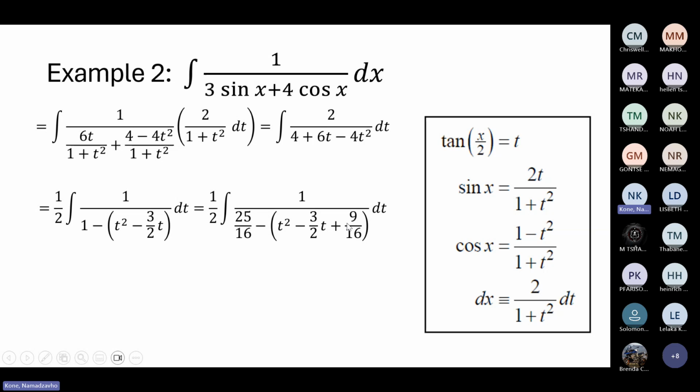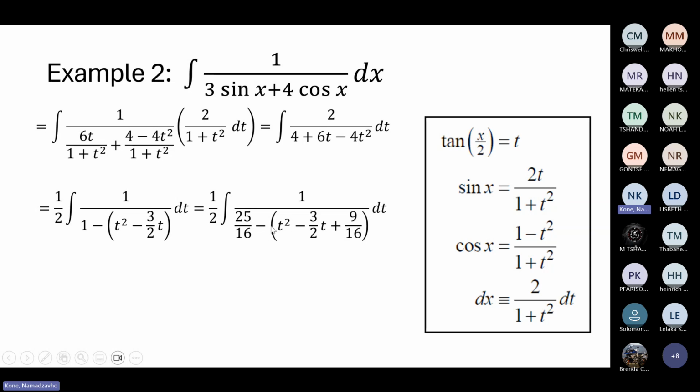Now, this 9 over 16, when you add it as a plus, is in actual fact a negative, because it has got this negative outside here. So because you have added negative 9 over 16, you must add to 1 a positive 9 over 16 outside. Inside, you added a plus 9 over 16.